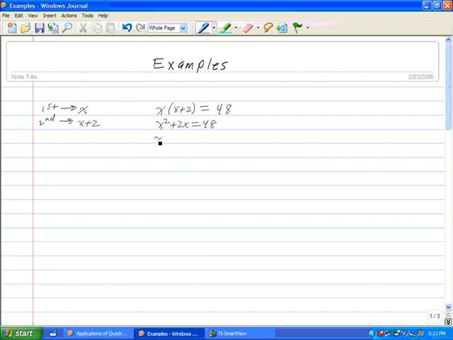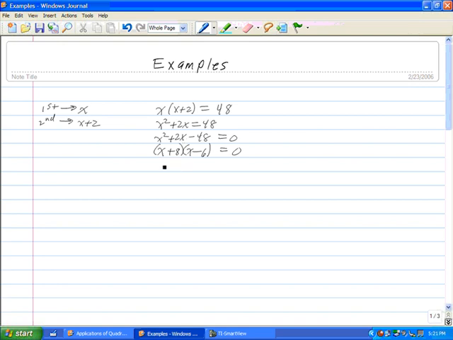Now I will subtract the 48 over, and I'll try and factor. Since there's no GCF, I go straight to two binomials. Have an x and an x, a plus and a minus, and to get a 48, it's going to be a plus 8 times a minus 6, and that, if you check it, will give the 2x in the middle.